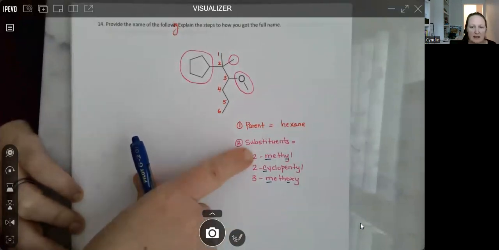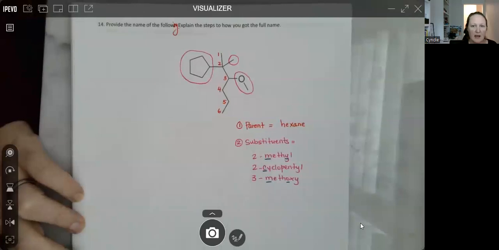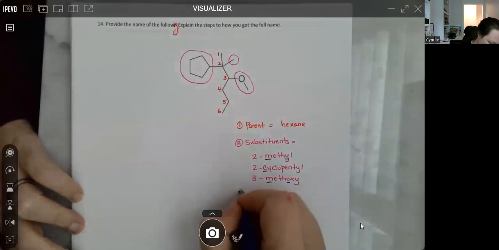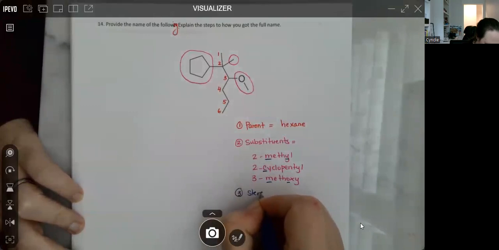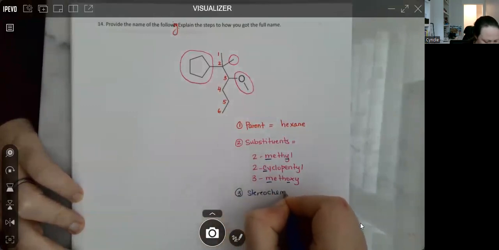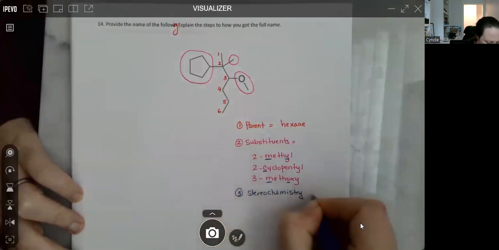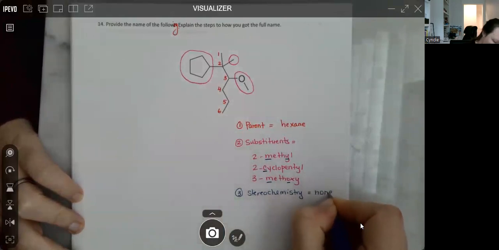then methoxy, then methyl. Lastly, we would look if there's any chiral centers that are indicated with a dash or a wedge, or alkenes, and there are not, right? So we don't need to do anything additional to name this, right? We can just move on to the name at that point, right? So you might say 3, stereochemistry, and then I'm just going to put none here.